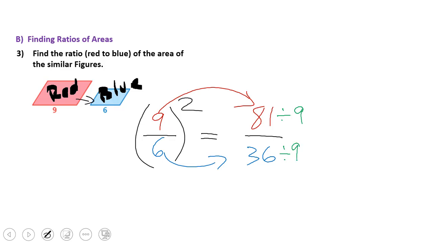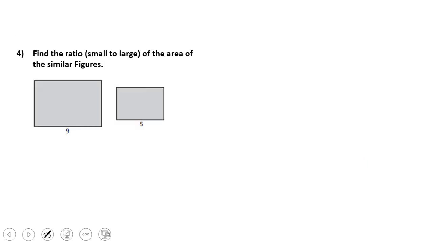Both of these are divisible by 9. So I can come over here, and 81 divided by 9 gives me 9, and 36 divided by 9 gives me 4. And 9 over 4 is the ratio of the areas for these two similar figures. So you might want to pause now, write it all down, and then join me for example 4.